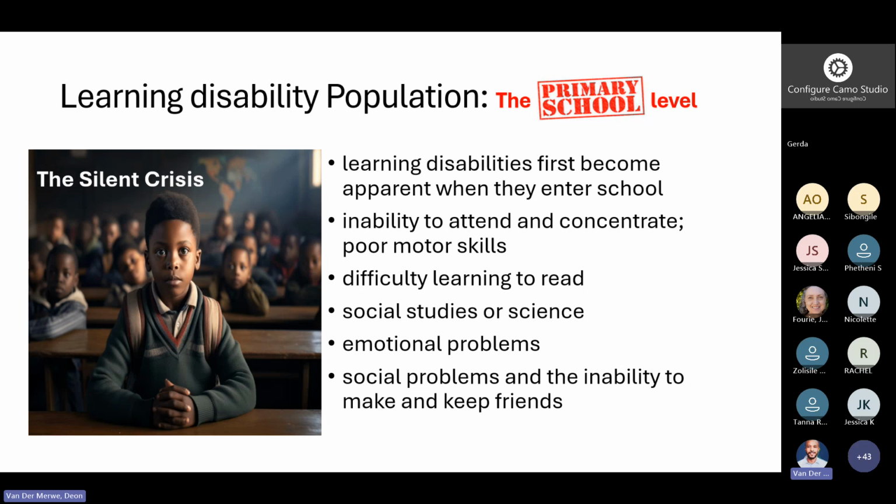Now, learners start to notice that they're falling behind in comparison with their peers, which can lead to frustration. For some, social issues become more prominent as they have a harder time making friends.